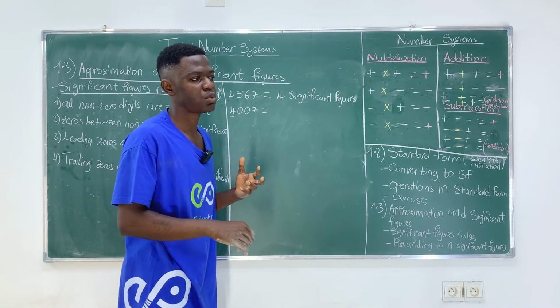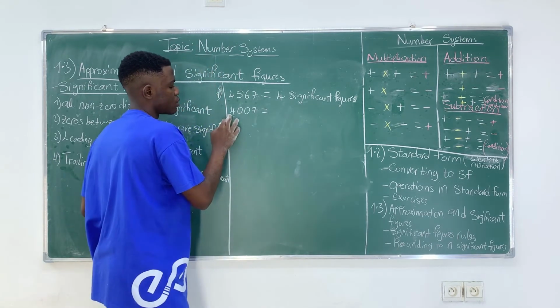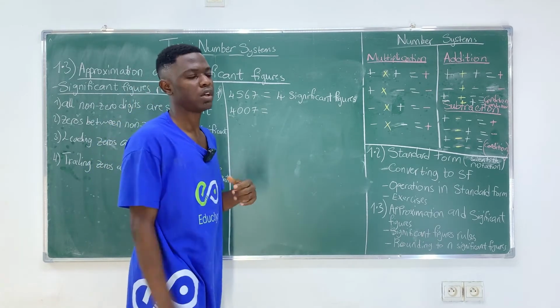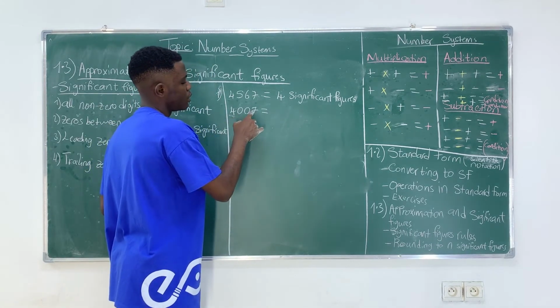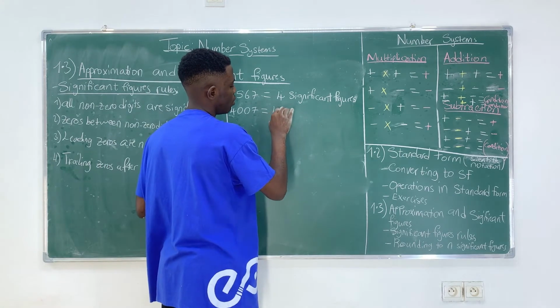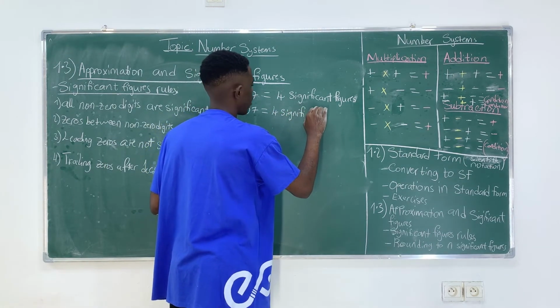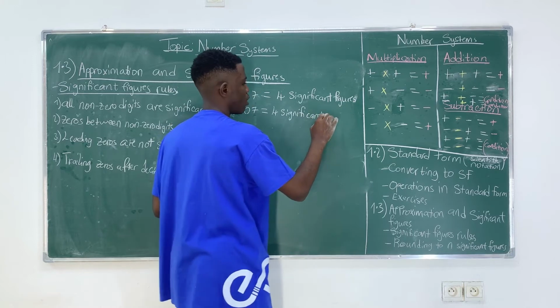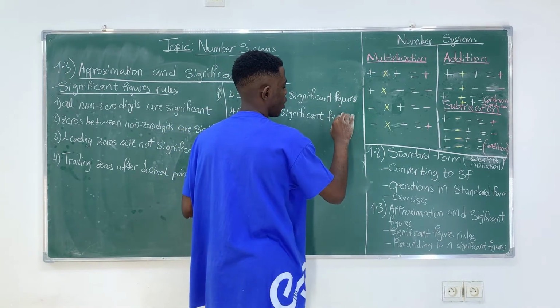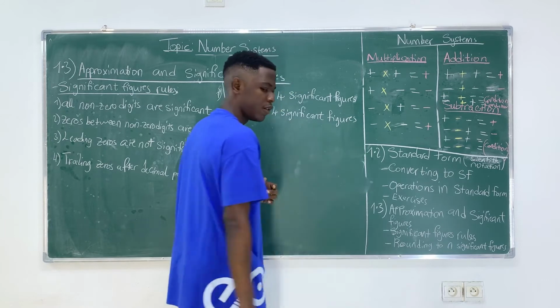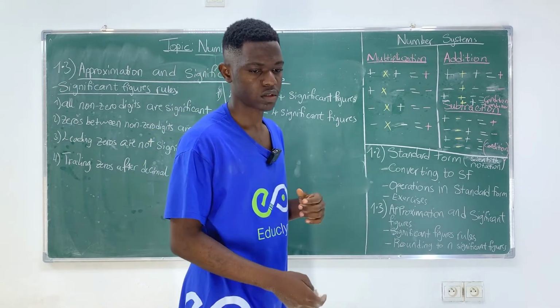Non-zero digits means digits which are not 0. 4 is not 0. 7 is also not 0. So this has 1, 2, 3, 4. Four significant figures.